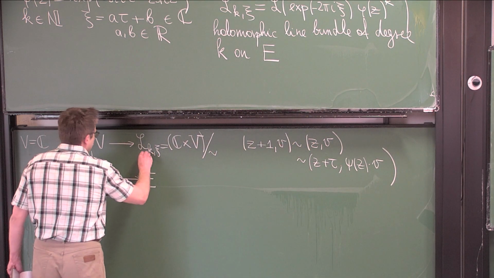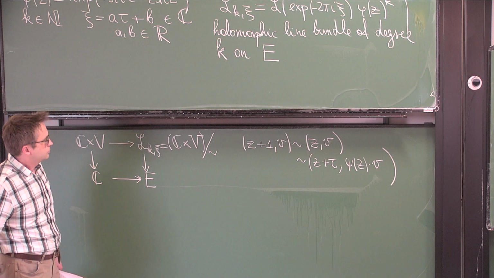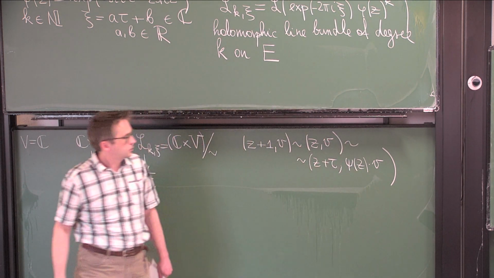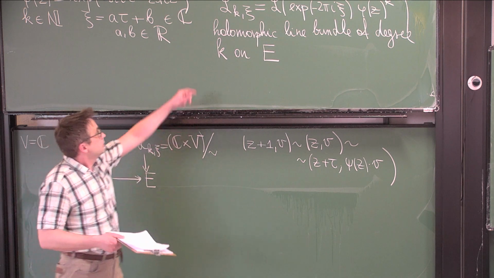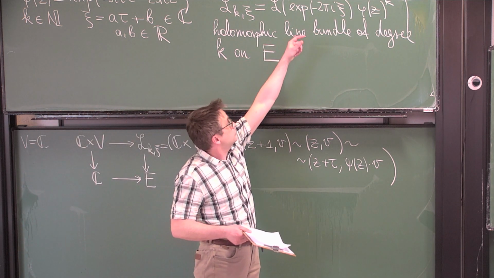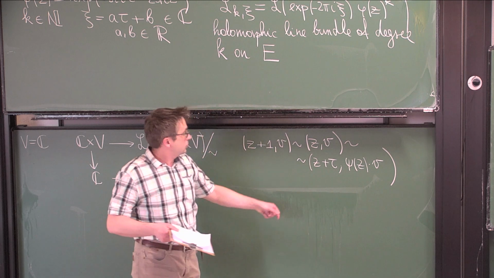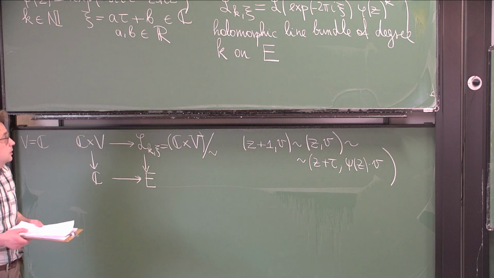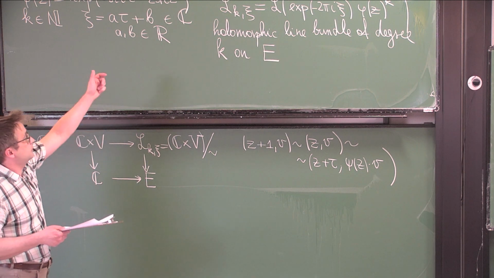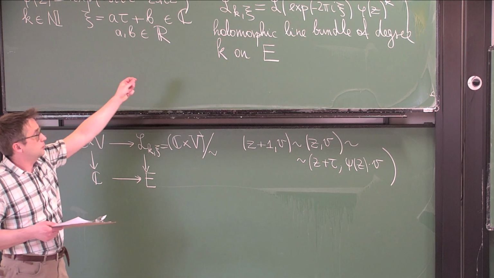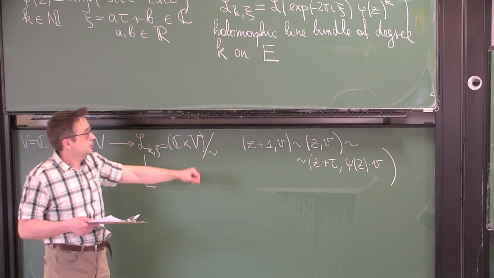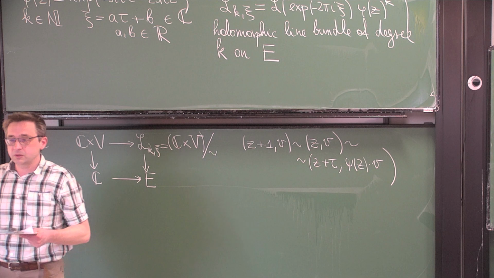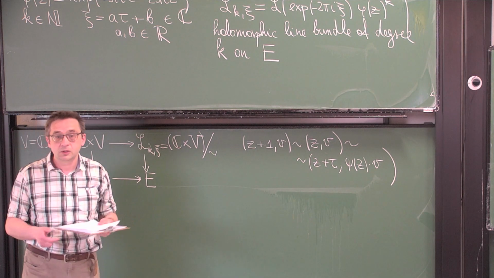V. So you mean ZV is equivalent, who is equivalent, or any of them, right? Yes. Okay. Well, and the design of this function psi is so that this relation indeed makes sense. And a statement is that any holomorphic line bundle on a torus of degree k admits such a description, with k being the degree and psi basically unique.